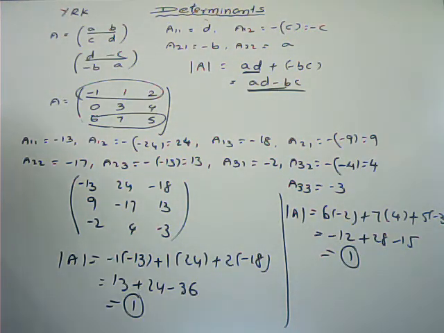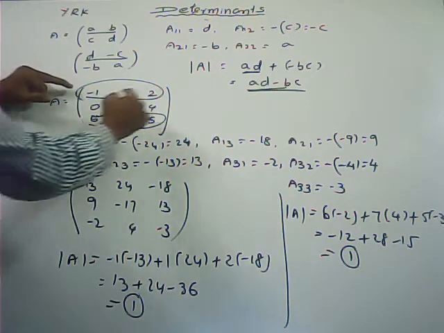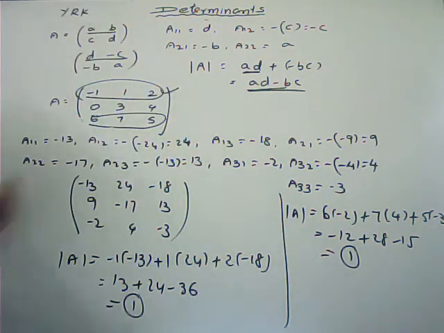And here we can say one more thing also. The sum of the products of the elements of any row or column with the corresponding cofactors of another row or column. For example, I am taking the first row, but these are not multiplied with their own corresponding cofactors. These are multiplied with the corresponding cofactors of another row.